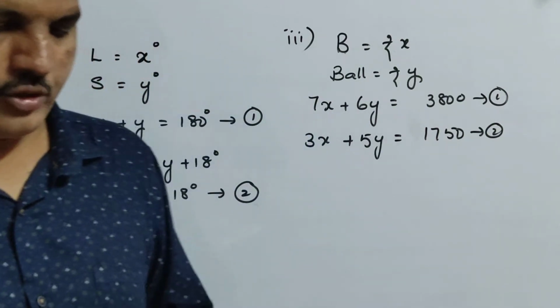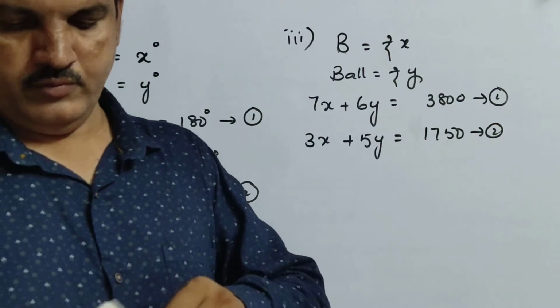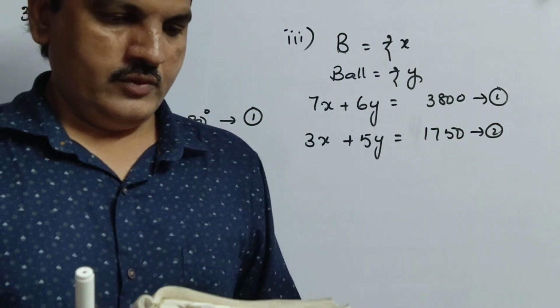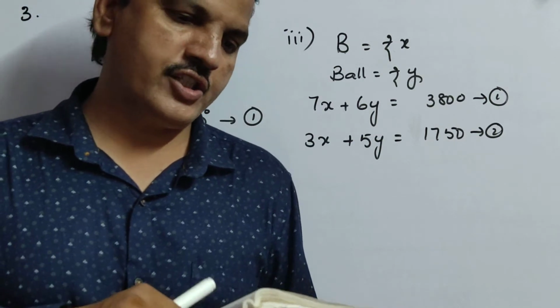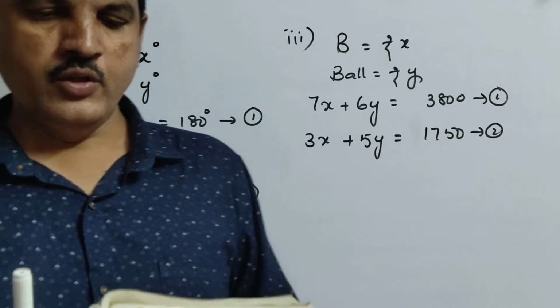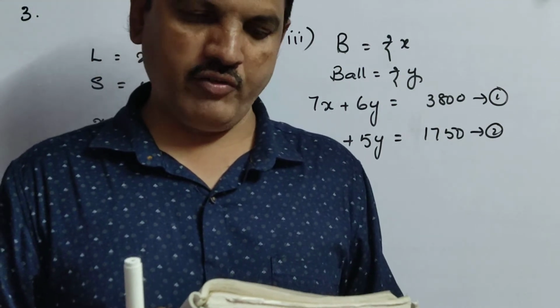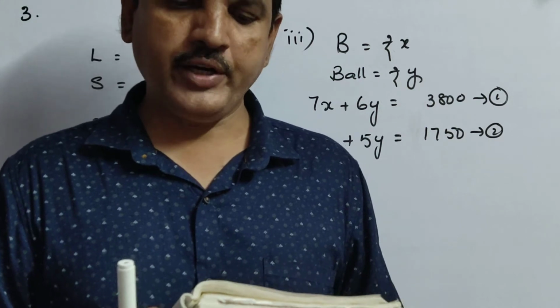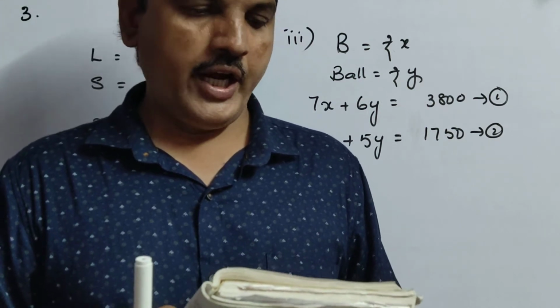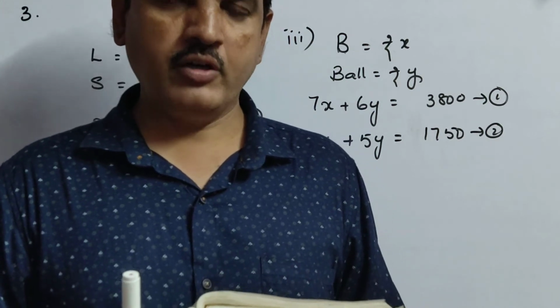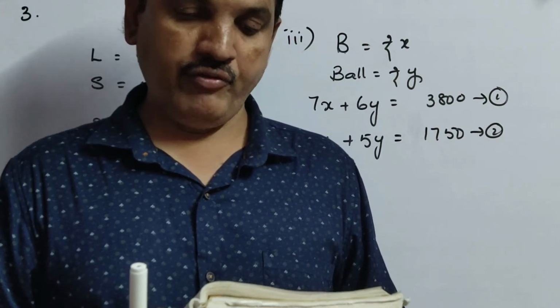Okay, next. Coming to the fourth question. The taxi charges in a city consist of a fixed charge together with the charge for the distance covered. For a distance of 10 kilometers, the charge paid is 105 rupees, and for a journey of 15 kilometers, the charge paid is 155 rupees.